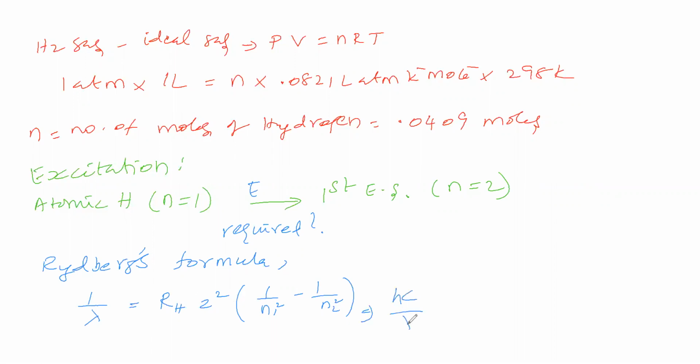So we get hc by lambda is equal to hc RH Z square into 1 by n1 square minus 1 by n2 square. This hc by lambda is called energy. So energy is equal to hc RH Z square into 1 by n1 square minus 1 by n2 square.